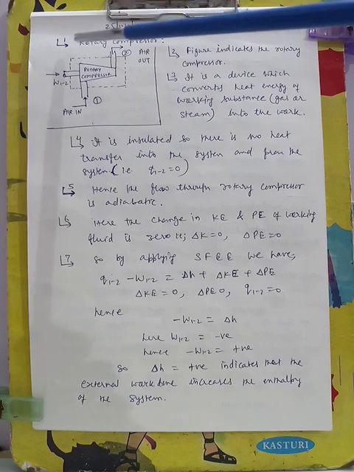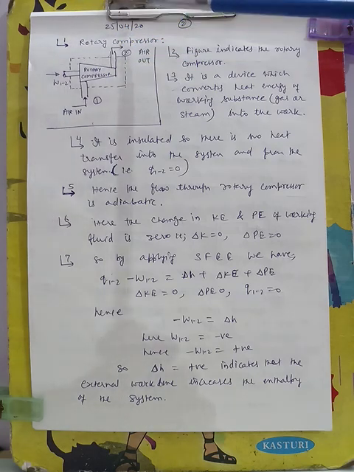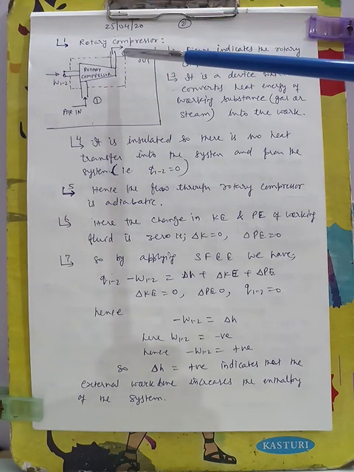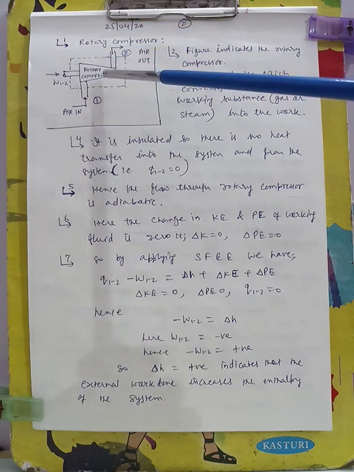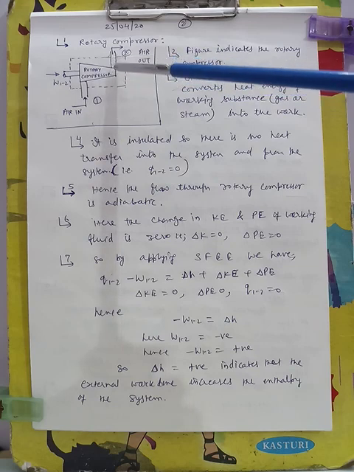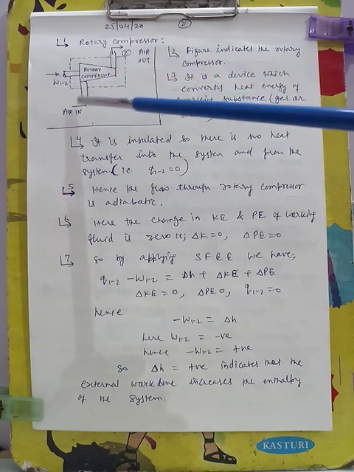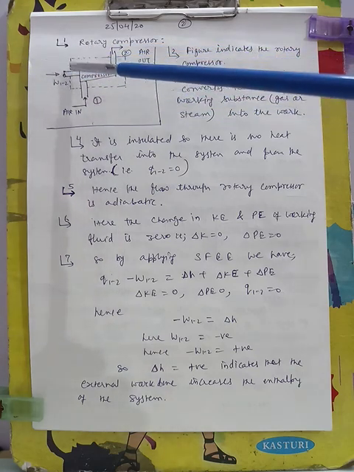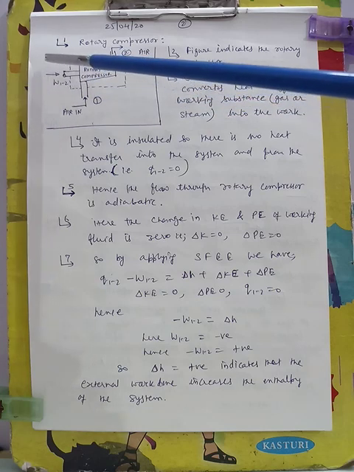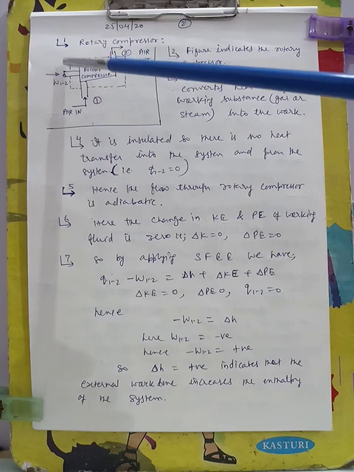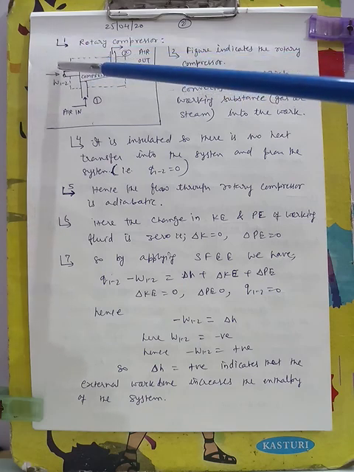Let us look at rotary compressor. So this is the rotary compressor. As we know that in compressor device, the work is given to the system. Its shaft is rotating. So this work is done by the motor or some external source.